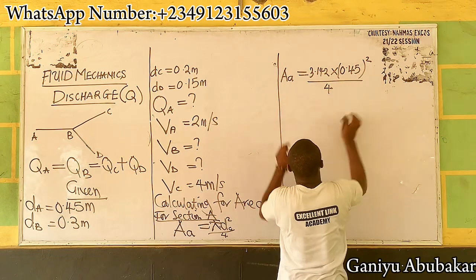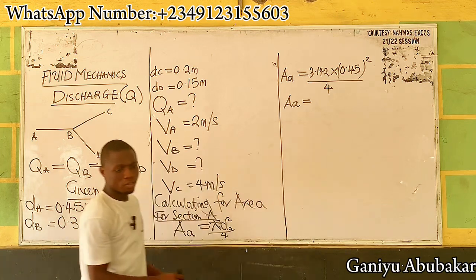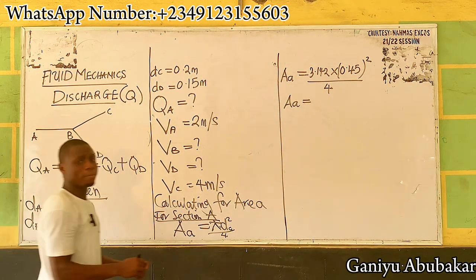Please give me the total value. Area at section A is what?